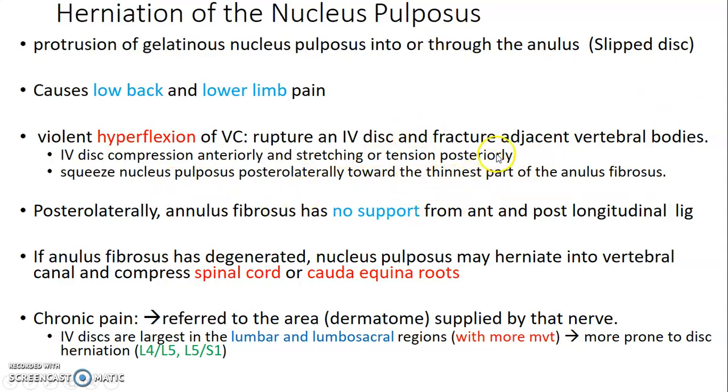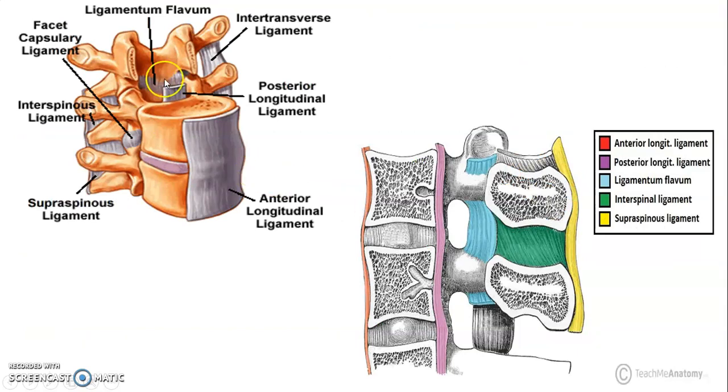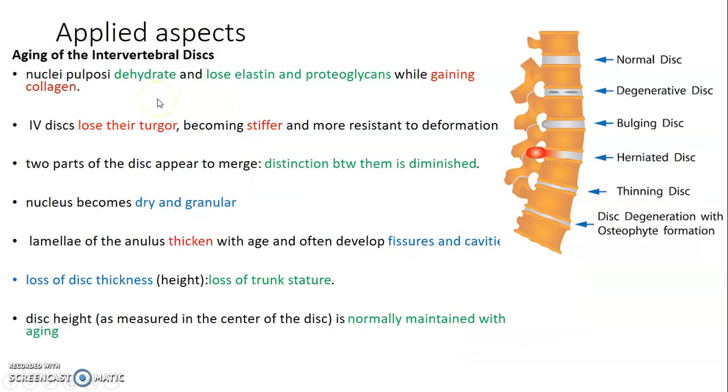Now remember, the posterior longitudinal ligament runs posteriorly here. So if you force this disc posteriorly, it will herniate mainly posterolaterally because the posterior part is directly covered by the posterior longitudinal ligament. So you herniate towards the spaces beside the posterior longitudinal ligament.